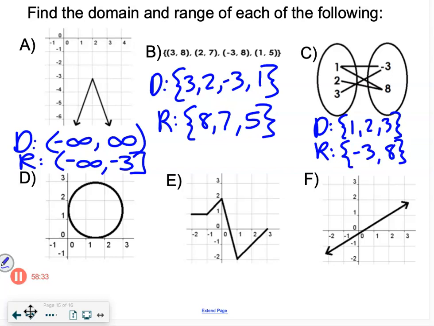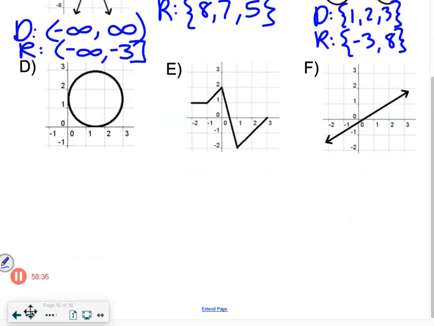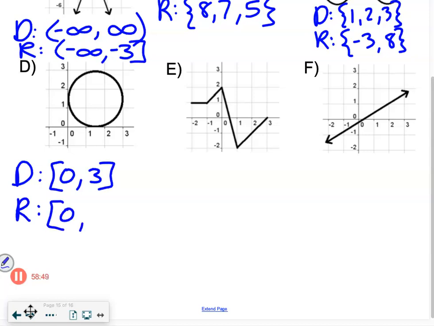Okay, almost done. Down here, lowest x value, you're going left to right, 0 to 3. Range, y values, low to high, 0 to 3.